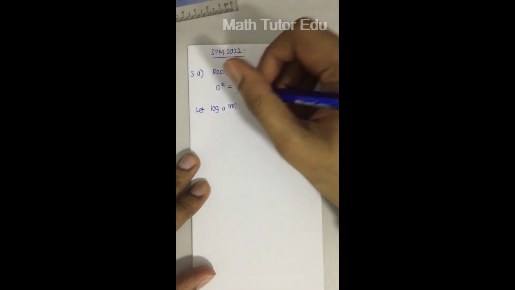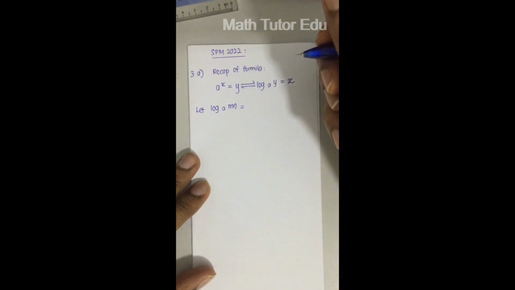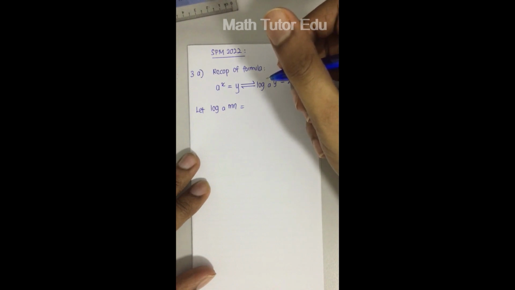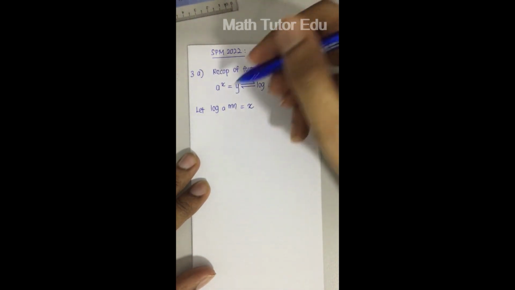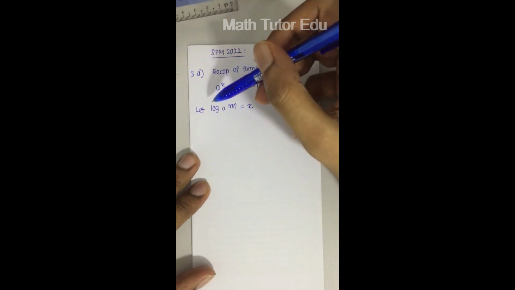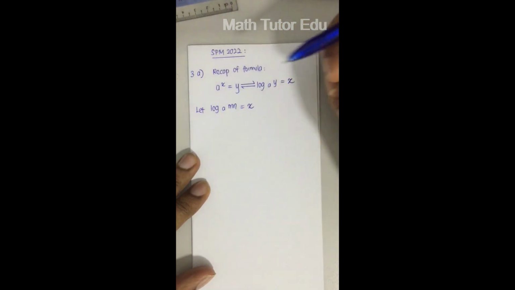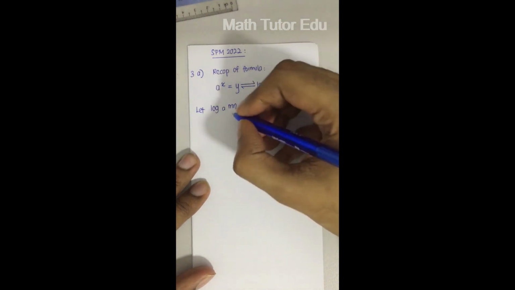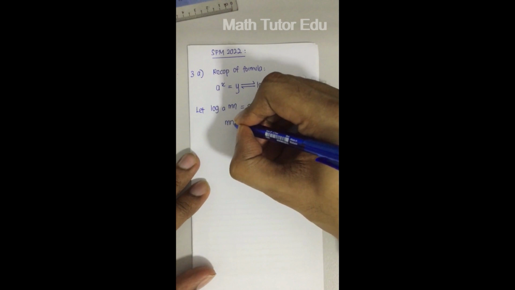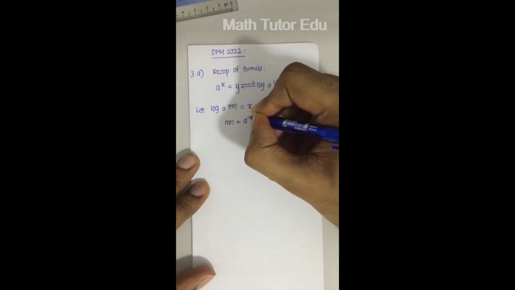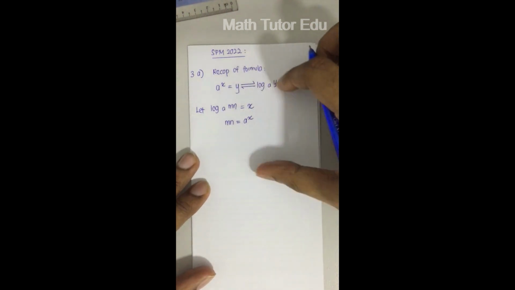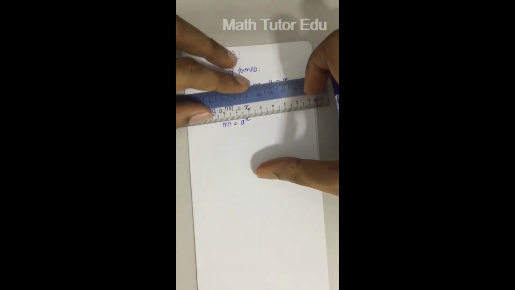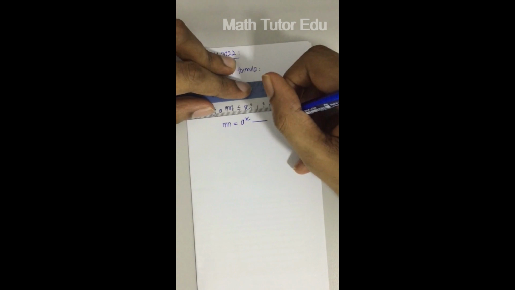We're going to let it equal a variable, say x. When I move log a from the left hand side to the right hand side, it converts back into index form. So mn equals a to the power of x. This is your first equation, let me label this as equation 1.